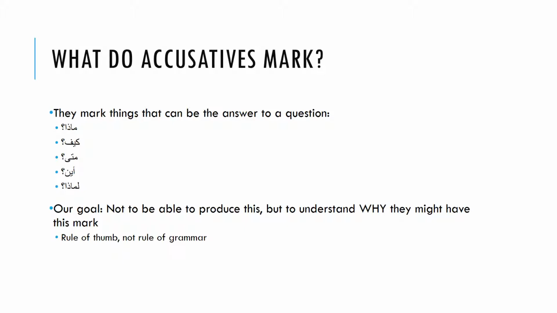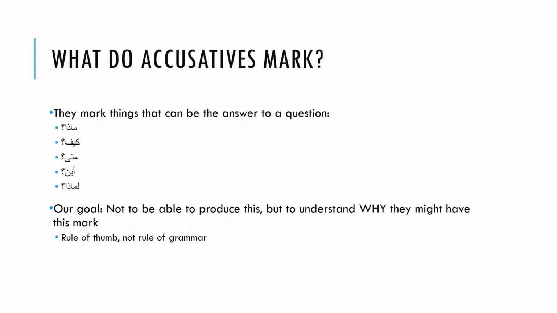This tanwin fatha thing is the most complex and diverse of them, and so what we're trying to do here is just get a sense of why this tanwin fatha might show up on a word. We're not trying to be able to, when we write a sentence, know when to put in a tanwin fatha. We're just trying to look at a sentence and be like, oh, I wonder why there's a tanwin fatha there. And we can sort of have what I call a heuristic, a rule of thumb. We're not trying to get a rule of grammar, just a rule of thumb.